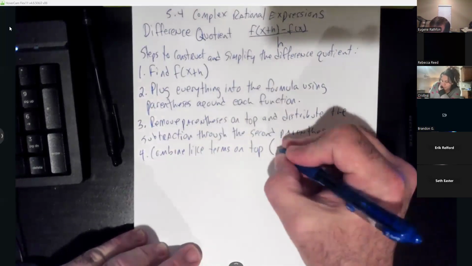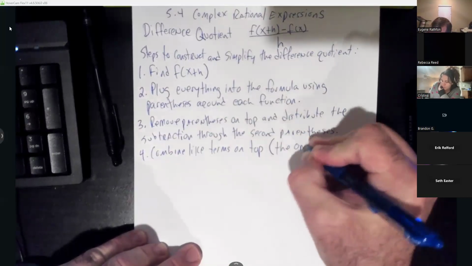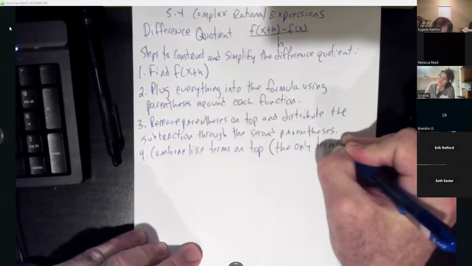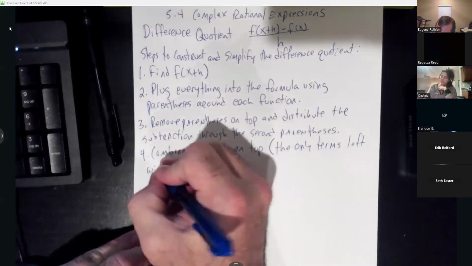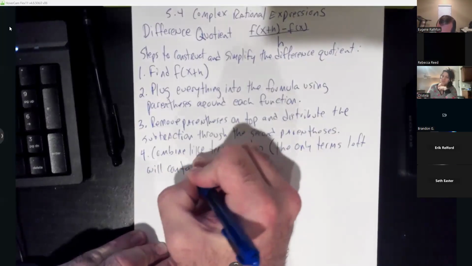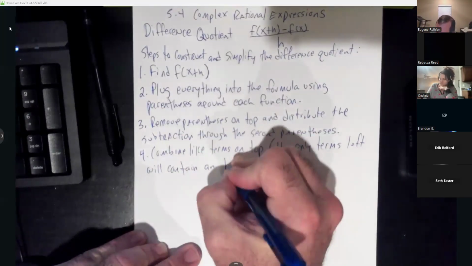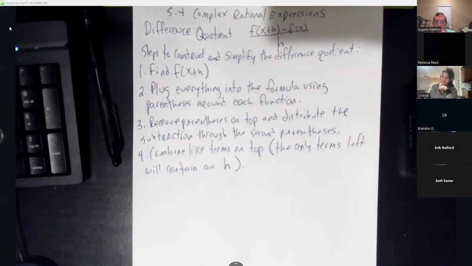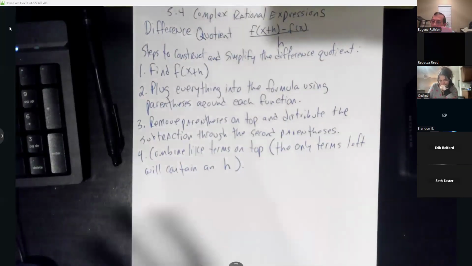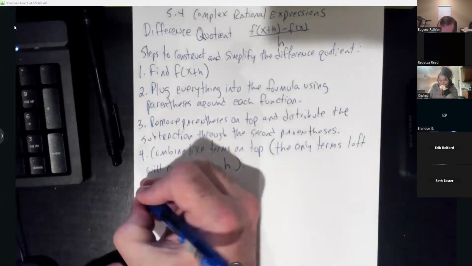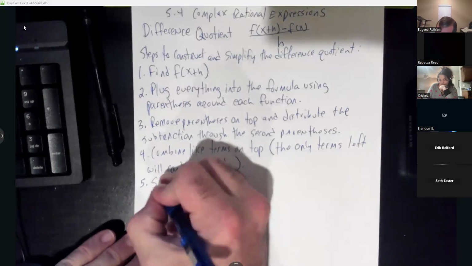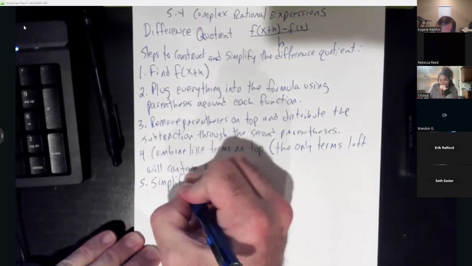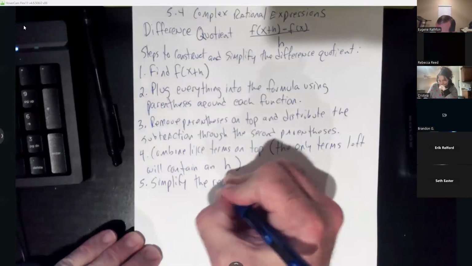The only terms that will be left will have an h in them. Okay, so everything else is going to cancel out. What's going to be left will all have h's in them. So my last step is to simplify the resulting fraction.